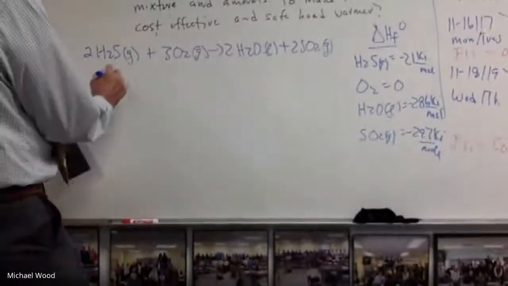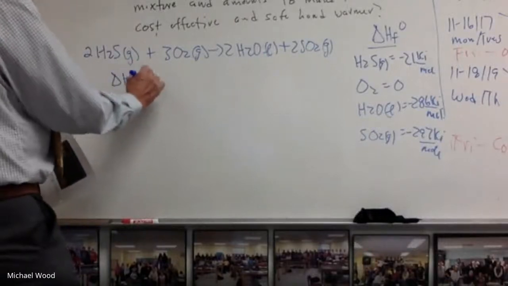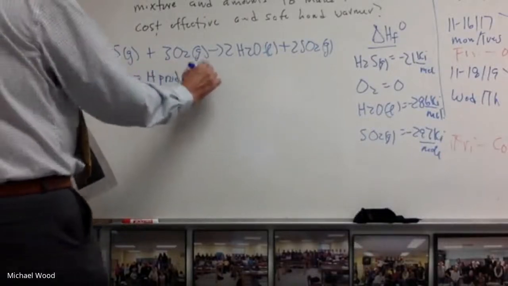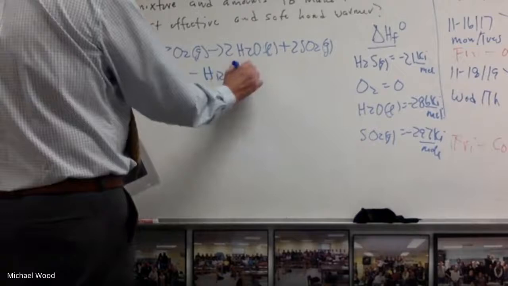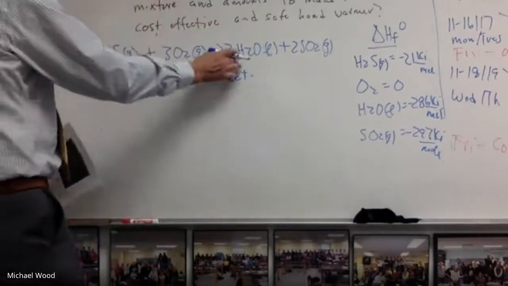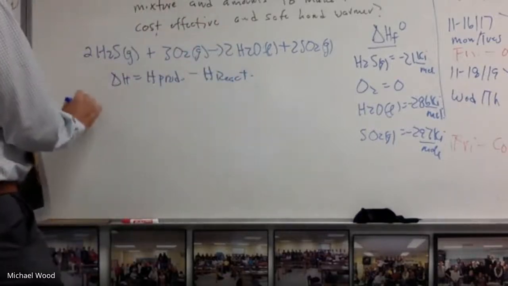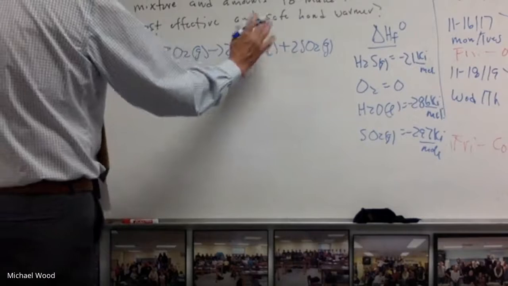Now we want to solve for delta H. So delta H is the H of the products minus the H of the reactants. I'm going to start on the right with the products.